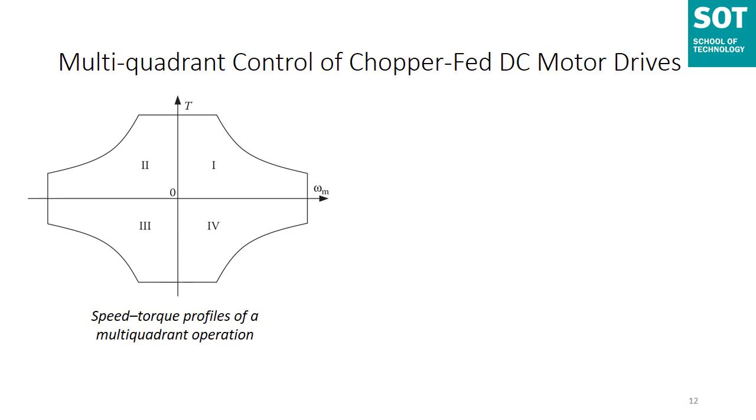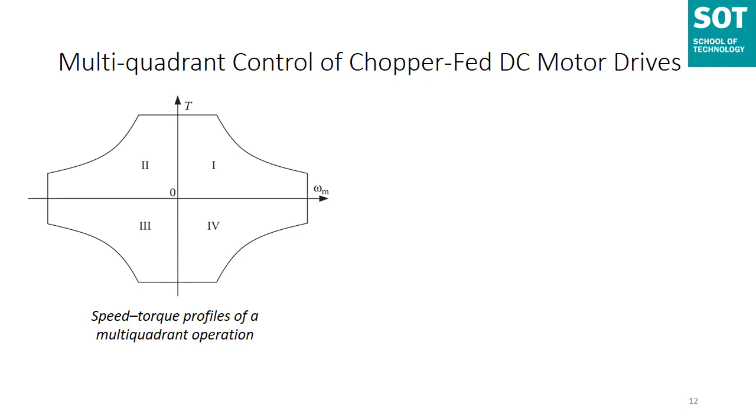Multi-quadrant why? Because we require forward motoring, we require backward braking, we require forward braking, and we require backward motoring.